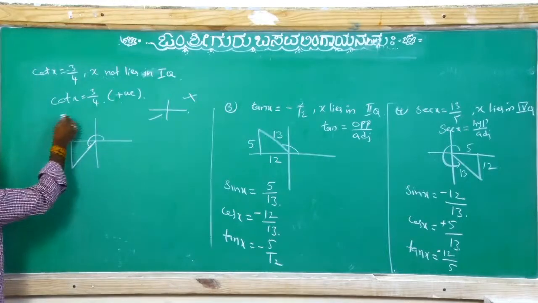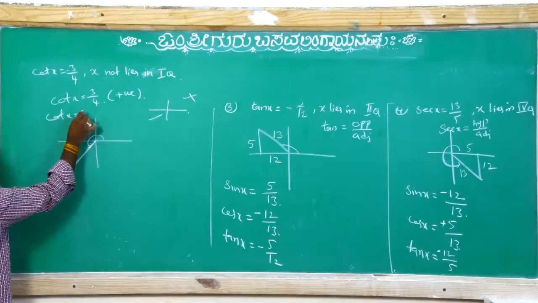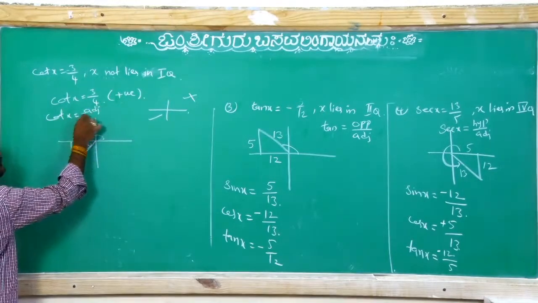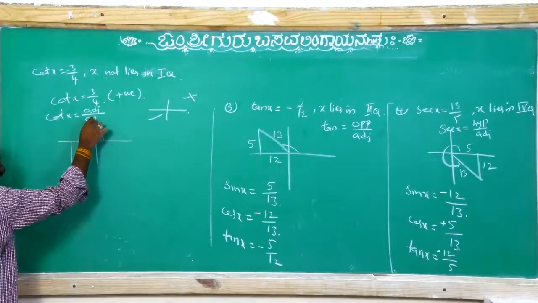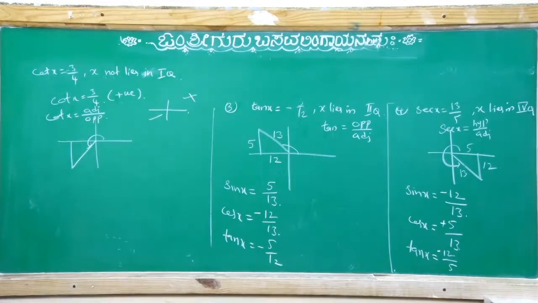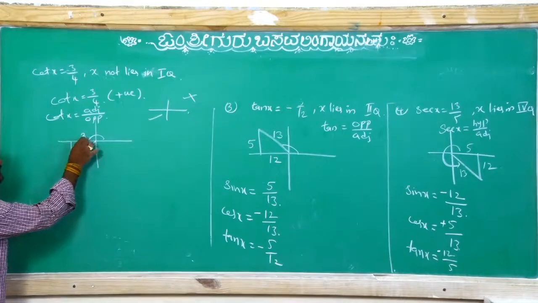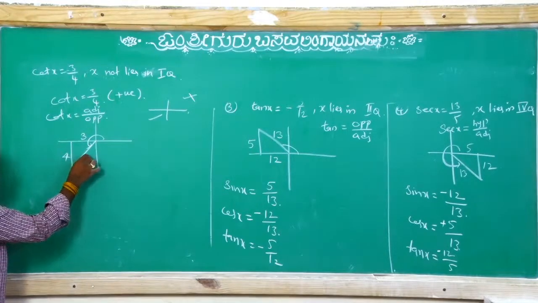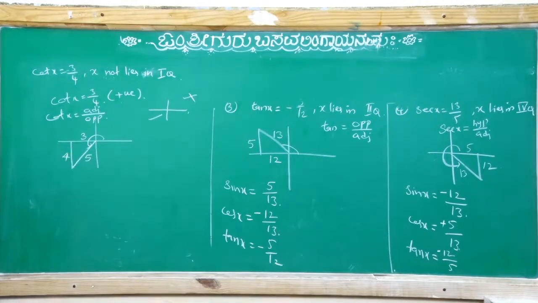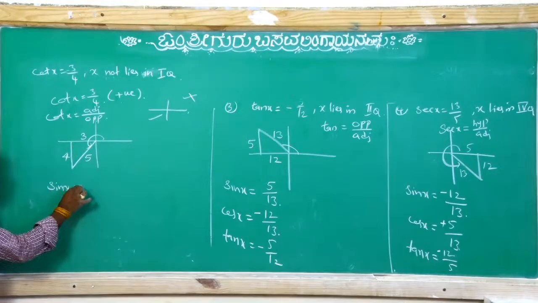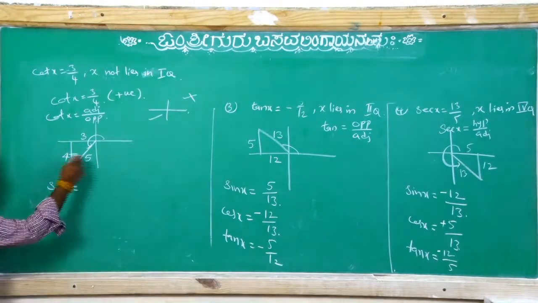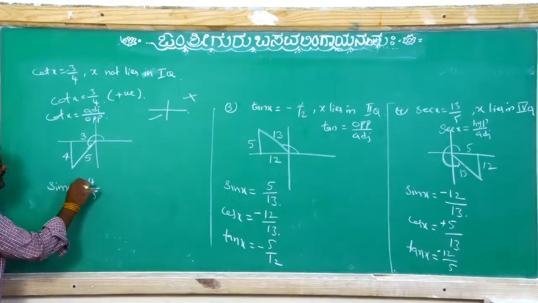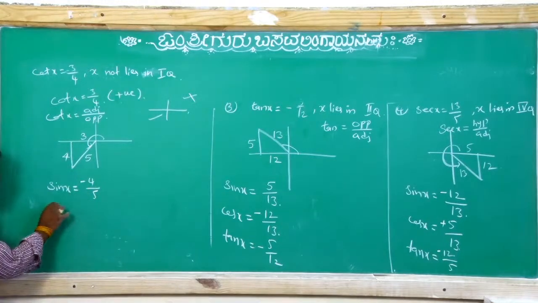Like this. What is the ratio of cot? Adjacent side by opposite. Adjacent side is 3, opposite is 4, hypotenuse is 5. Correct? Adjacent side by opposite side. And now sin x: opposite side 4 by 5, but in the third quadrant this is negative.